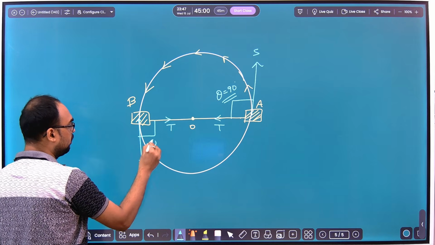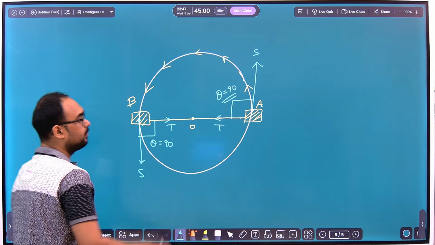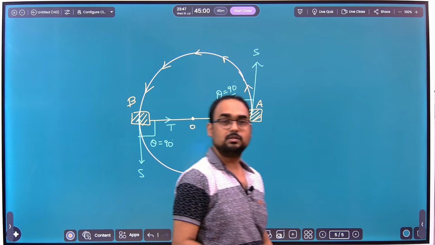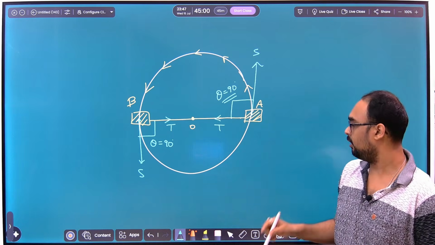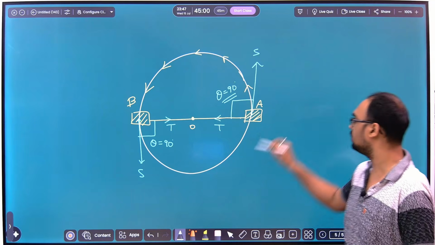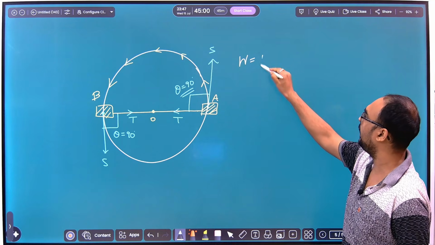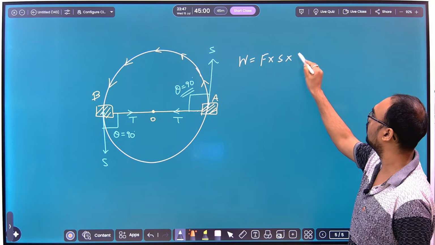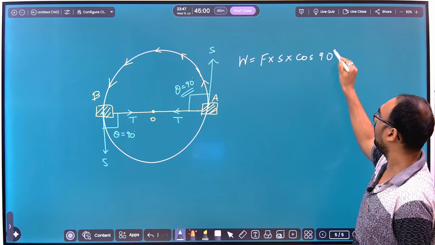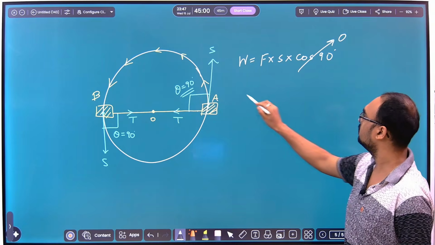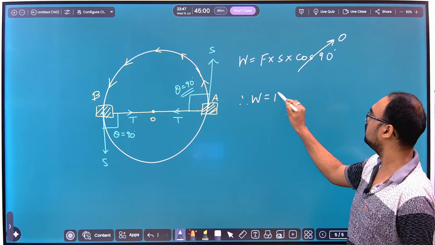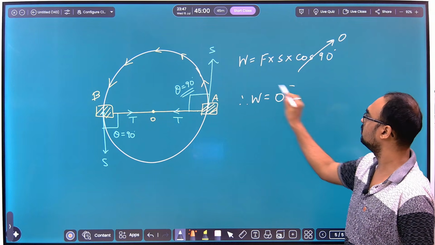The angle between them is 90. Now, since the angle is 90, according to the formula W equals Fs cos theta, that will be W equals F into S into cos 90. And cos 90 is 0. So W equals 0.